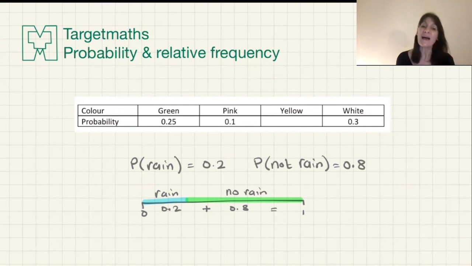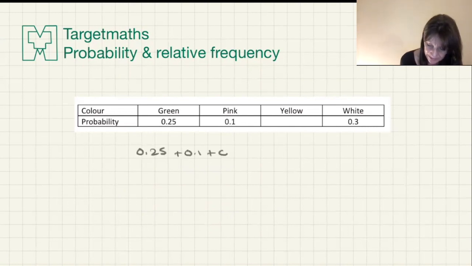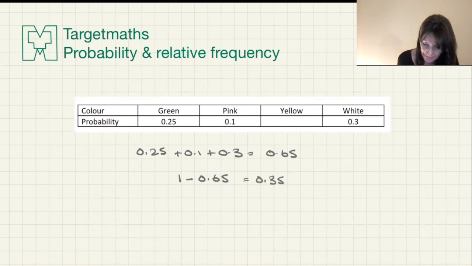And it's that fact that helps us complete these tables. So all I actually need to do is add up what they've given me, plus 0.1 plus 0.3. That equals 0.65. I need to take that away from the 1, which is going to give me 0.35, and that is the missing value.